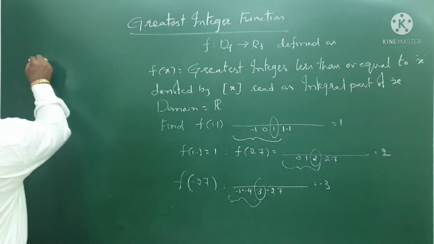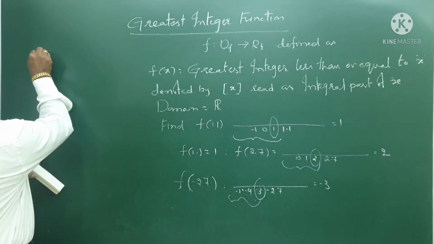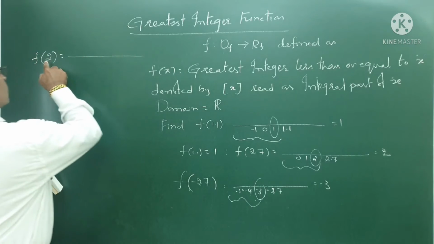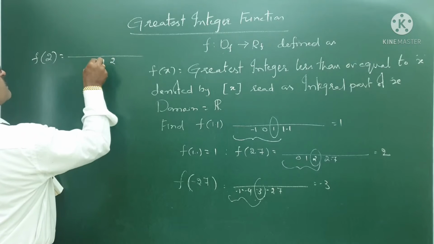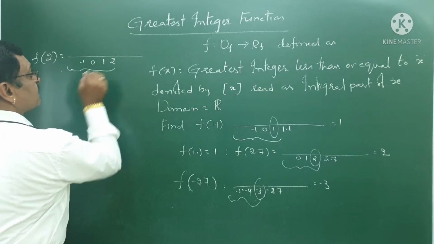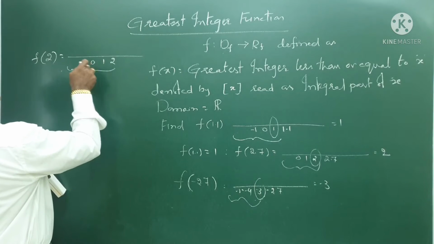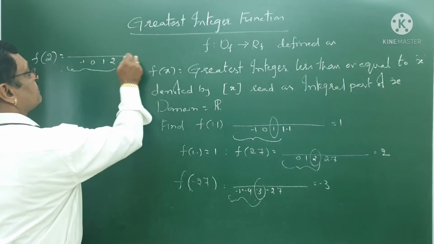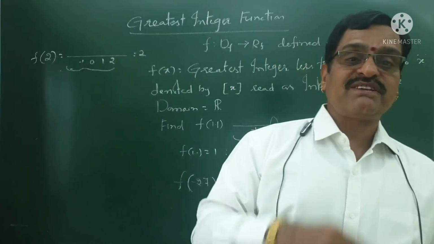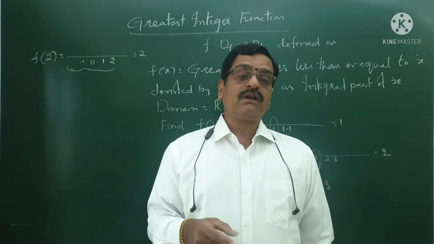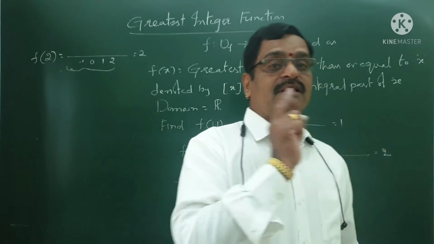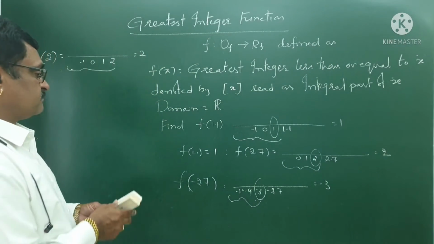Suppose I want f of 2. Locate 2. This is 1, 0, minus 1 and so on. Now the integers less than or equal to 2 are 2, 1, 0, minus 1. Therefore the greatest one is plus 2. That means if the input is an integer, the output is the same integer. If it is not, you have to take the integer to the left of the given real number. This is the output.